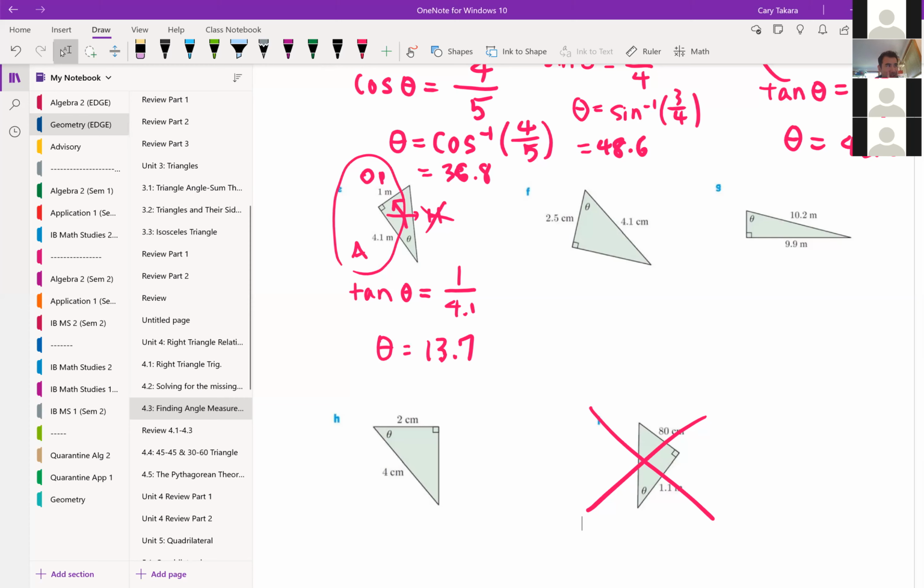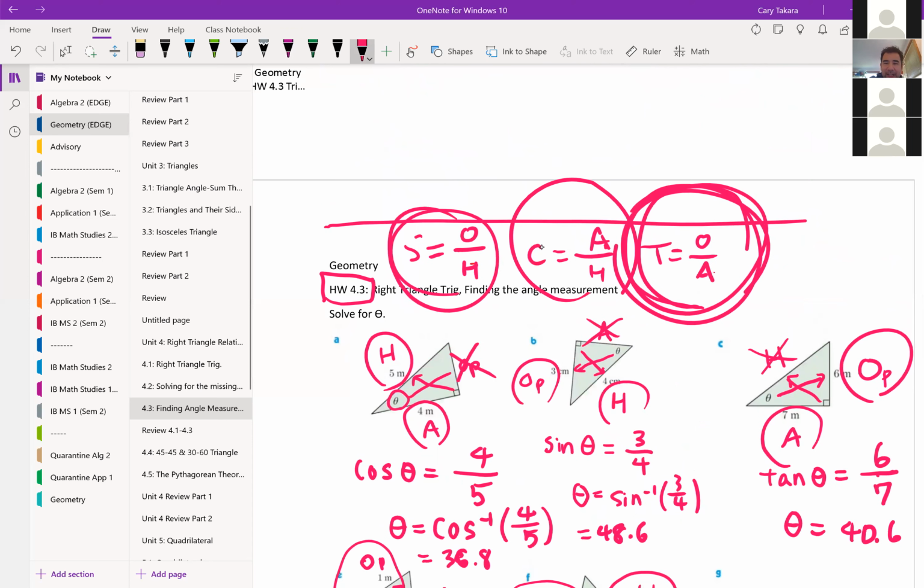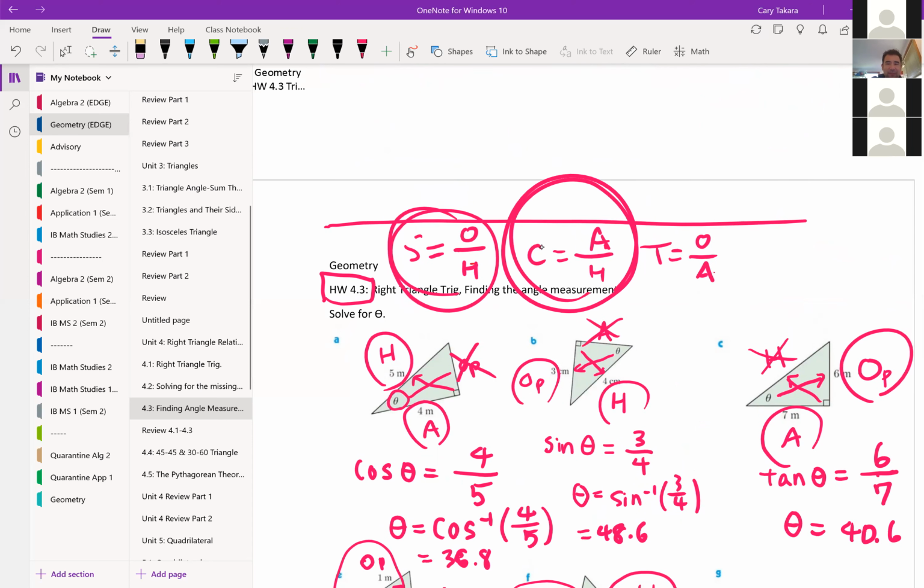Okay. So this will be a cosine problem, doesn't it? It's going to be opposite. There is nothing on opposite. There is a hypotenuse and adjacent. So we are dealing with a hypotenuse adjacent combination. H and A. And H and A is a cosine problem.